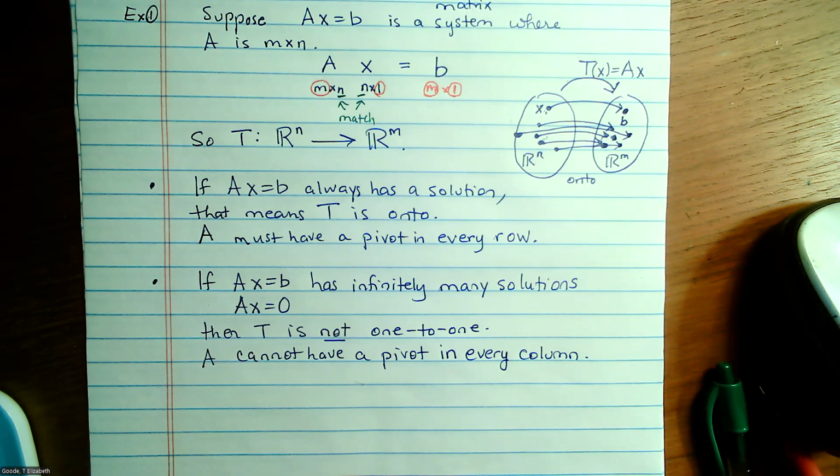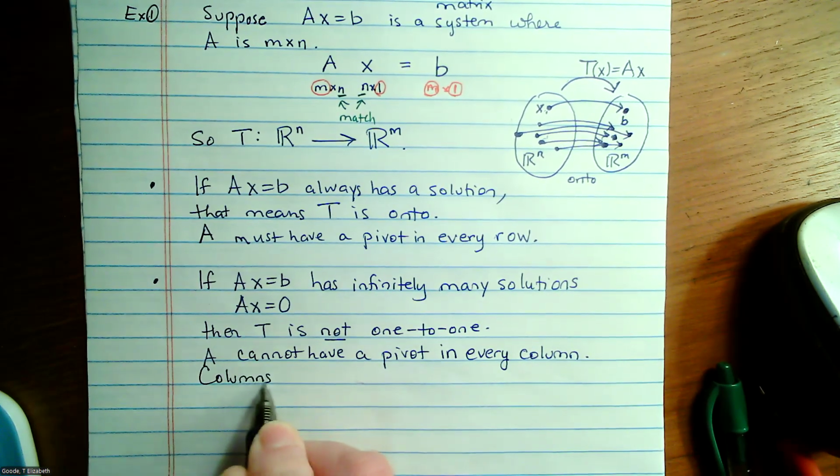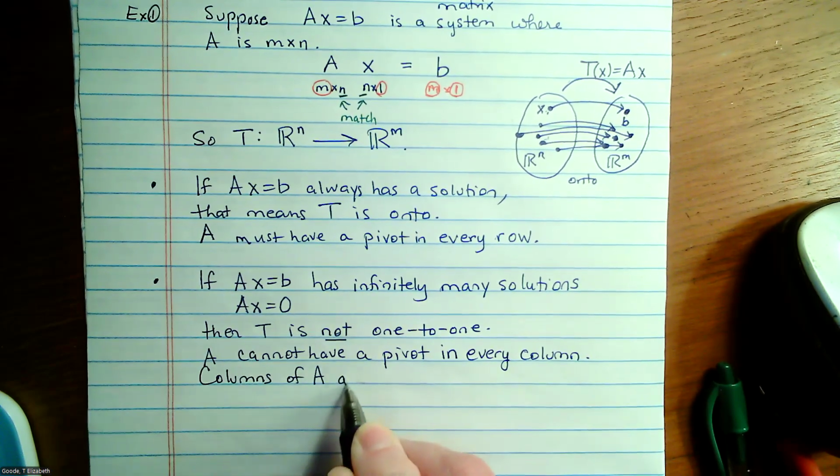I think you just mixed up linear dependence of the columns of A with when linear dependence of the columns of A is related to one-to-oneness. Yeah, definitely a mistake that I made there.